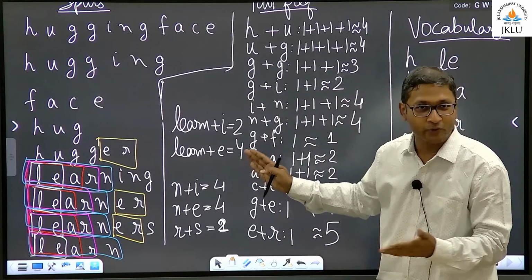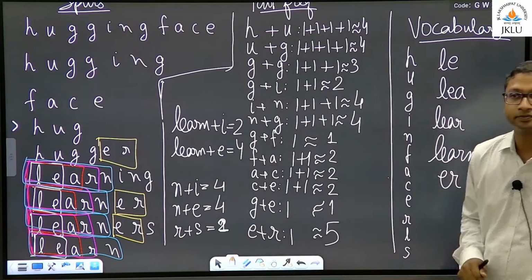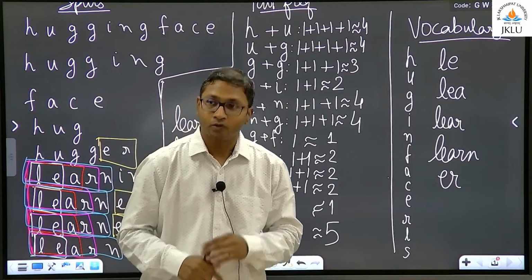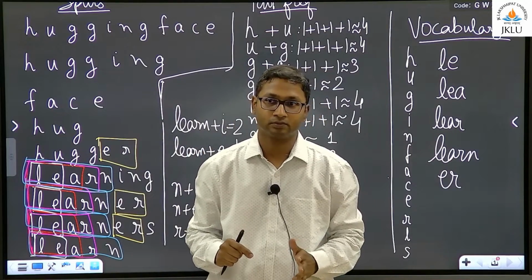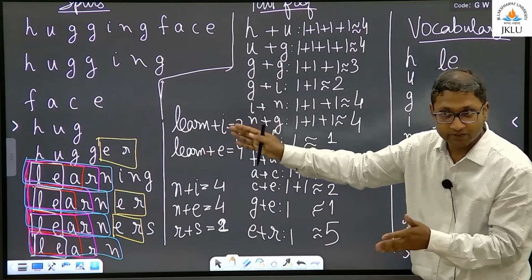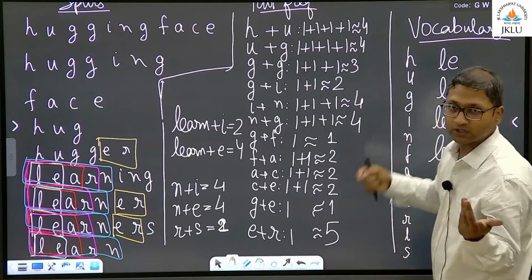You keep on doing this, so where do you stop? You decide I want 30,000 tokens. So for example, I could have just stopped here by saying I want 5 more tokens.